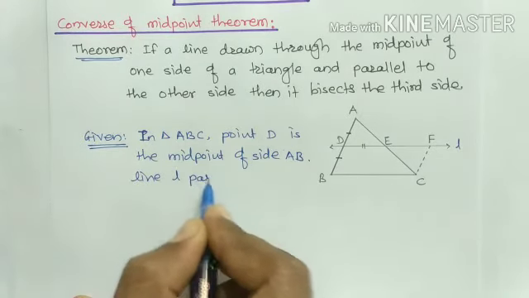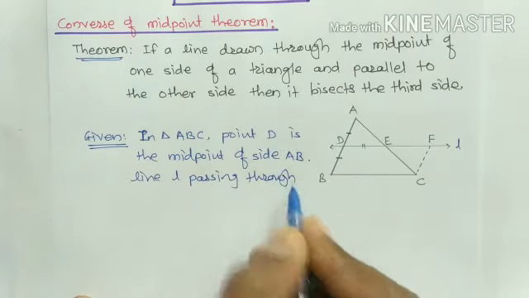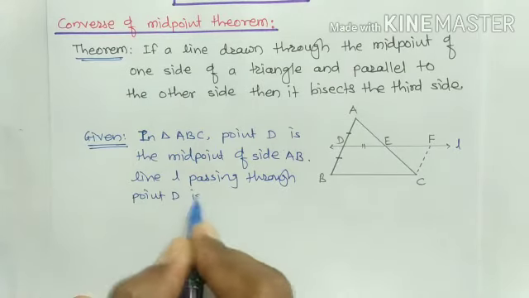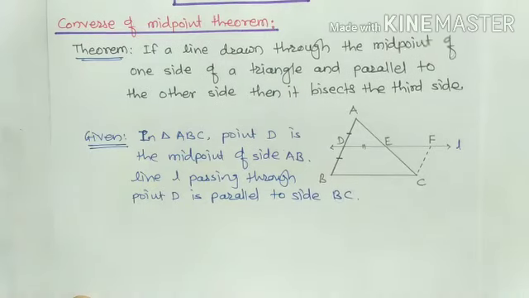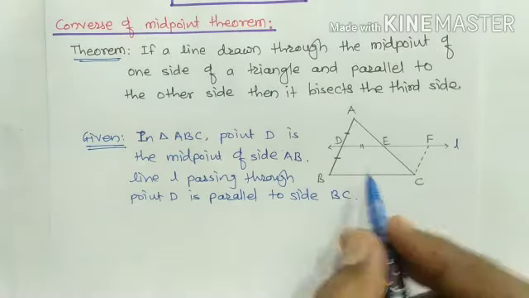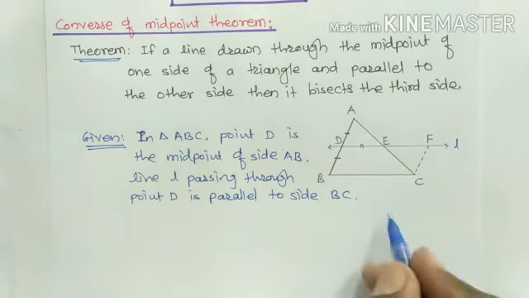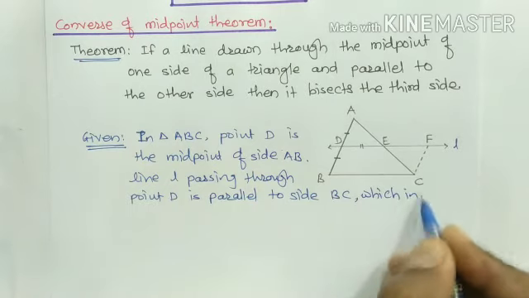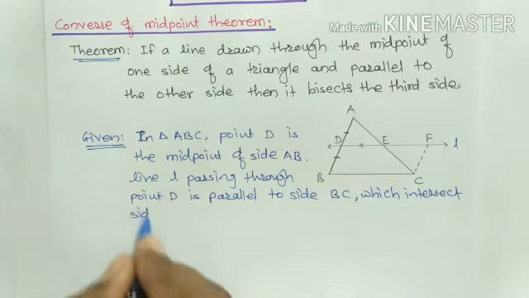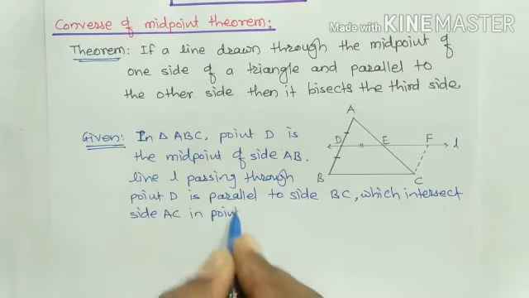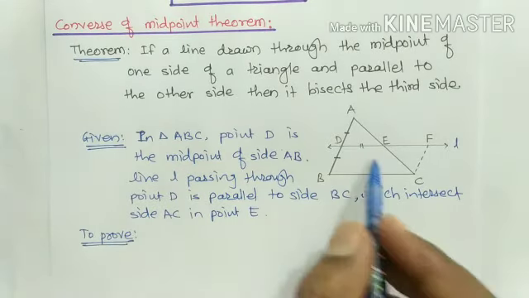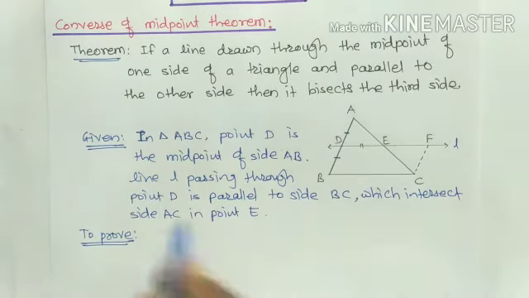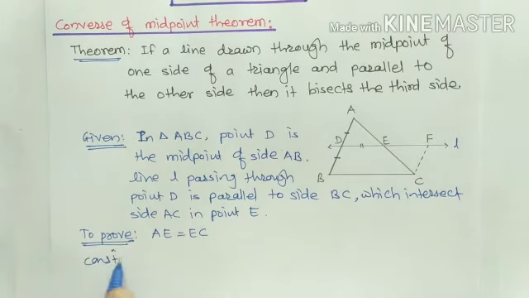Line L passing through point D is parallel to side BC, which intersects side AC at point E. Then from this information we have to prove that this line divides the side AC, it means that AE equals EC.